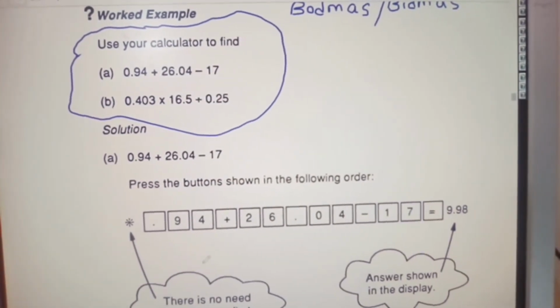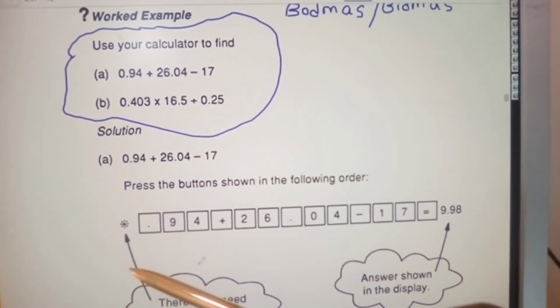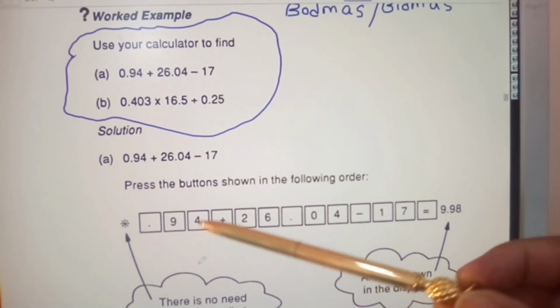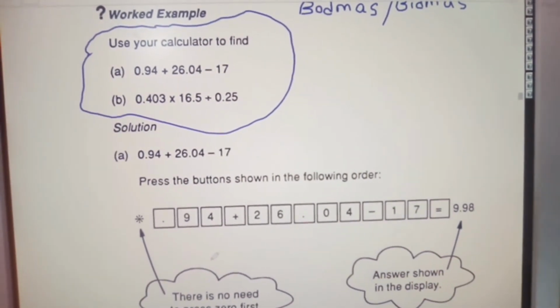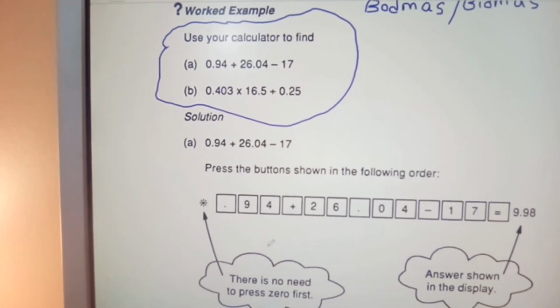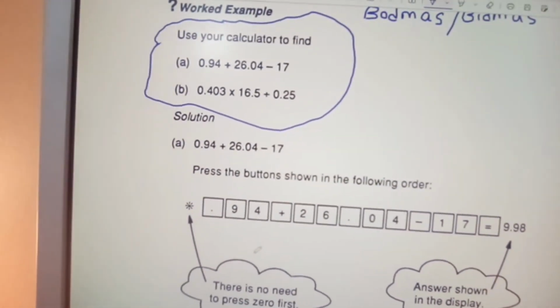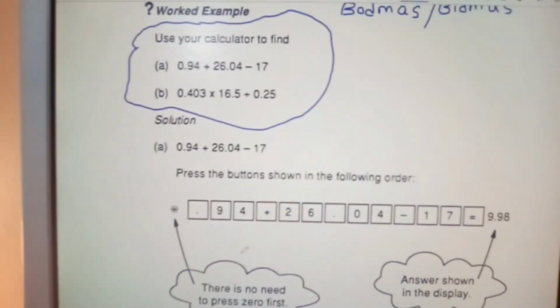There's no need to press 0 first. Technically speaking, yes, because it will come up with 0.94, as it does on my calculator anyway. So try it on yours and see how yours comes up, basically first, before you do anything else.